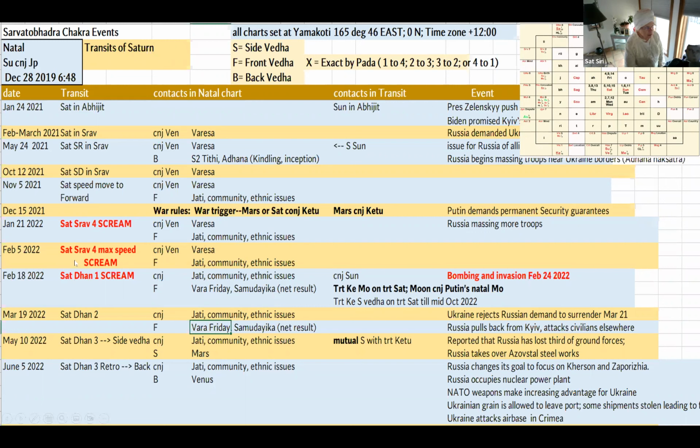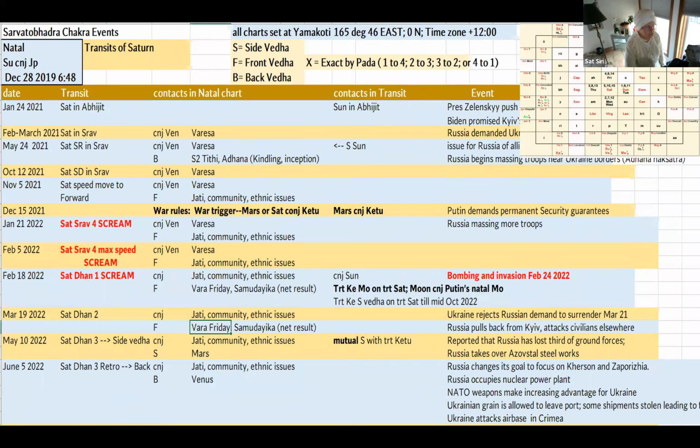And then in February, Saturn reached its maximum forward speed, and it's conjunct the natal Venus, which is the day lord, and its forward Veda is about jati, community, ethnic issues. Ukraine is ours, this is our community, et cetera, et cetera. And so this is in the screen, and it reached its maximum speed, and then it went around the corner from Shravana nakshatra to Dhanishta.